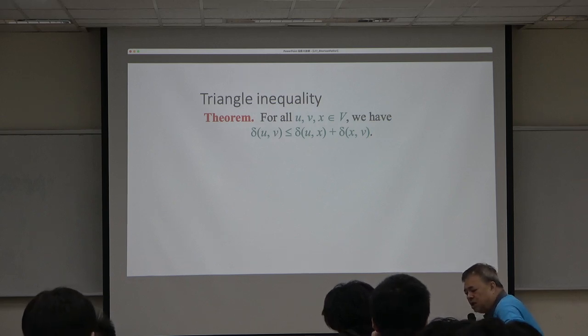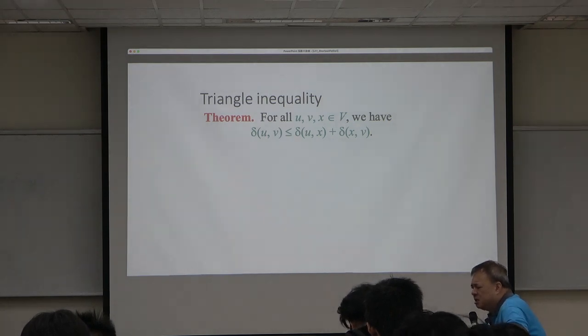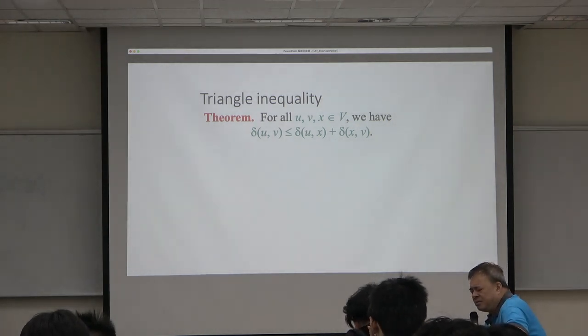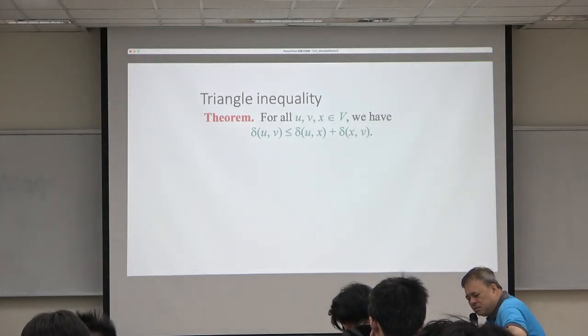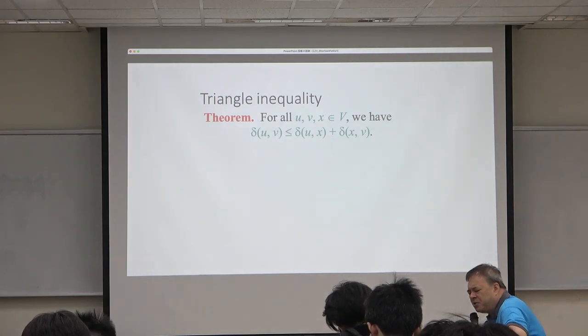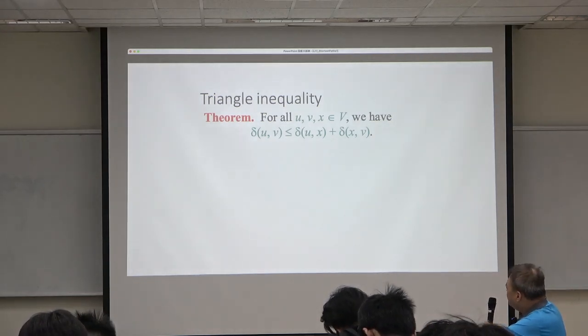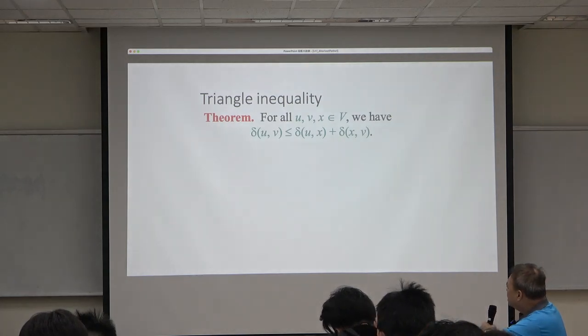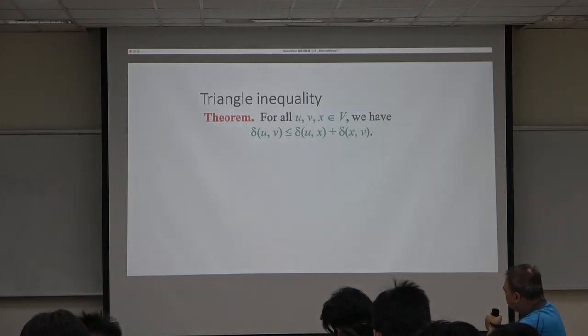So, with that in mind, is the shortest path problem a dynamic programming or greedy algorithm? But before we answer that question, there's one more theorem that we should look at. It's called the triangle inequality.